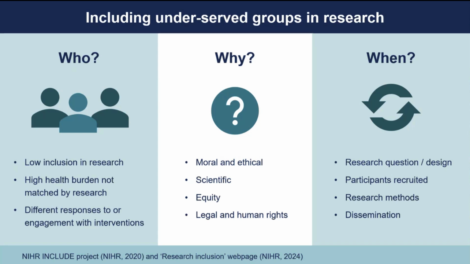And we know that people with learning disabilities very much meet these criteria. For example, Spore et al. reported in The Lancet in 2020 that they'd reviewed over 26,000 NIHR studies and found 60% actually excluded learning disability groups.